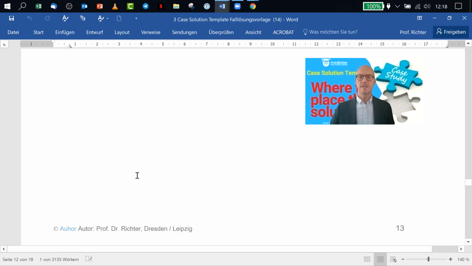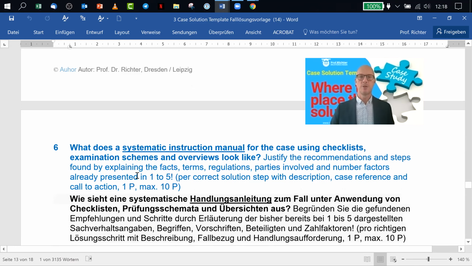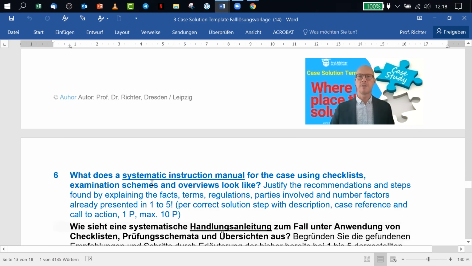Very important in the case study is that you show to the other person and to me the way you would recommend if I have one of these cases, not only this case, also other similar cases. What is a systematic instruction manual for the case? You can use checklists, examination schemes and overviews, right? And then you have to justify the recommendation.